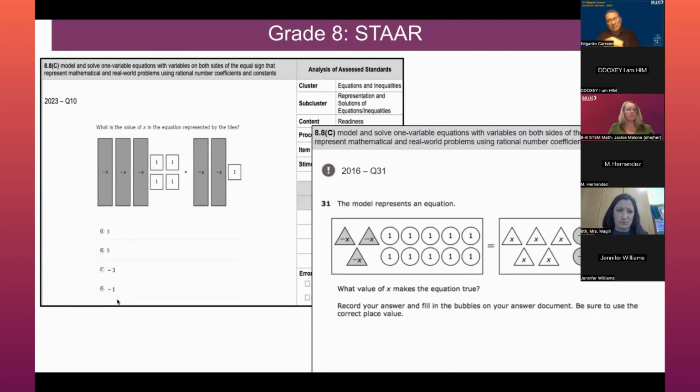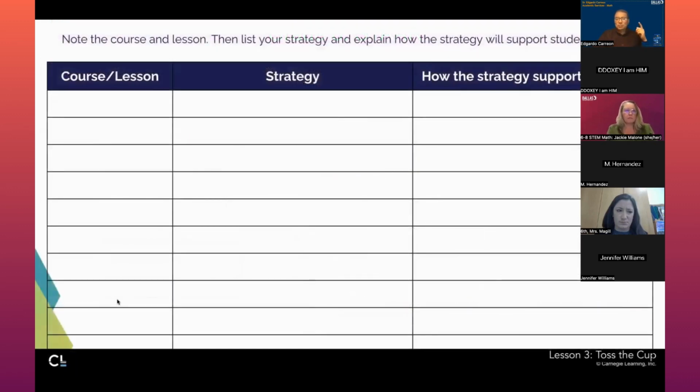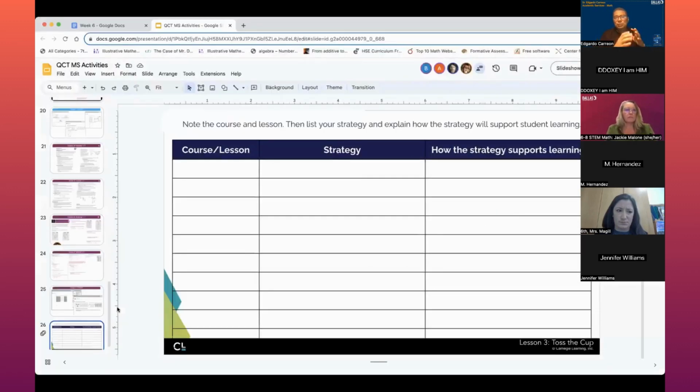So all the way to 2016. So let's try to push our students to be efficient. What is the best way to approach solving equations and inequalities? What is the best way? What is the most efficient way to get to a correct answer?